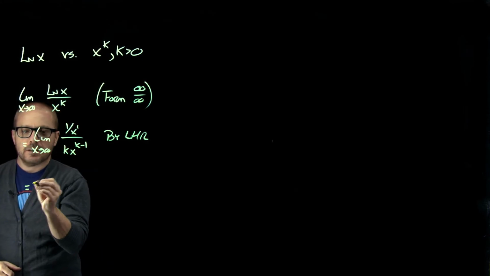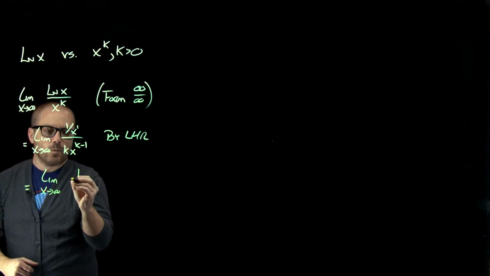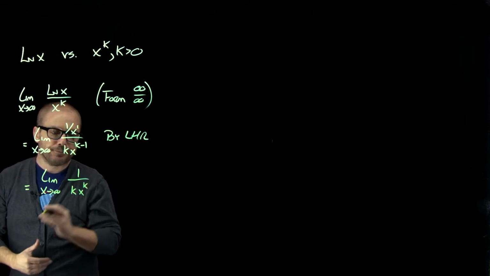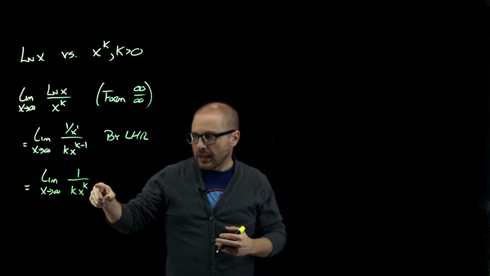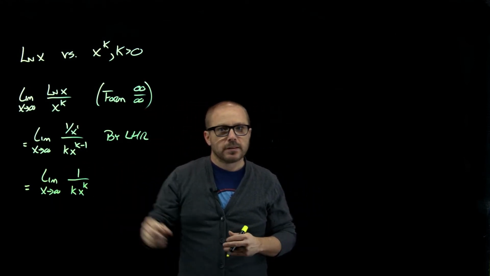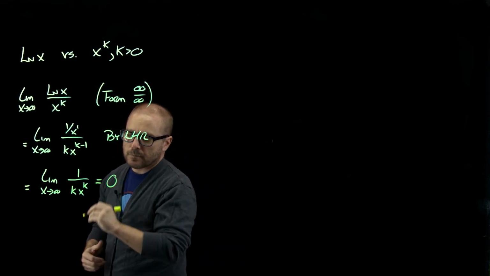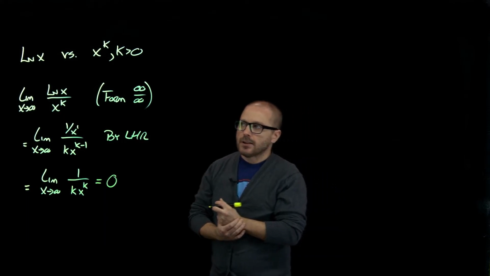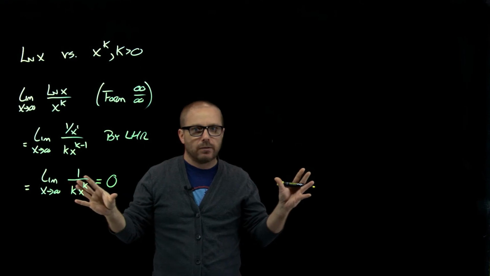This simplifies down to 1 over k, x to the k. K is just some positive number, and this thing grows to infinity, so that thing is heading to 0.